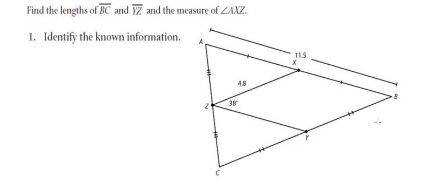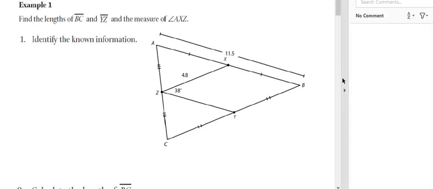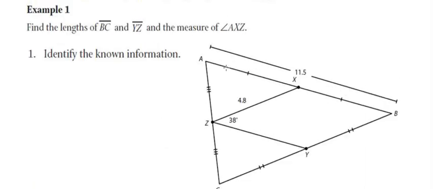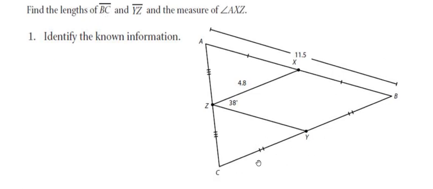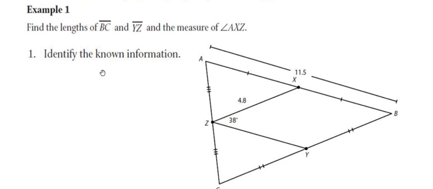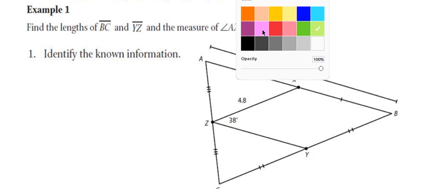And so when it asks us to identify the known information, one of the things that we're going to do here is try to identify what we need to know to be able to declare whether or not something is in fact a mid-segment. So ultimately, I'm trying to find the length of BC. So when I'm doing that, what I already know is several things. So I already know that, sorry, let me get a different color here.